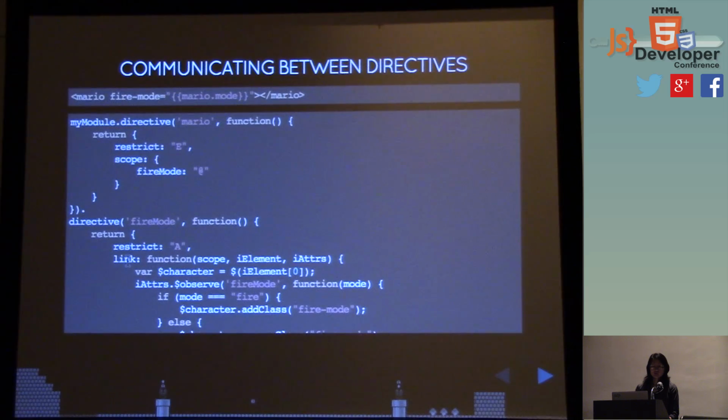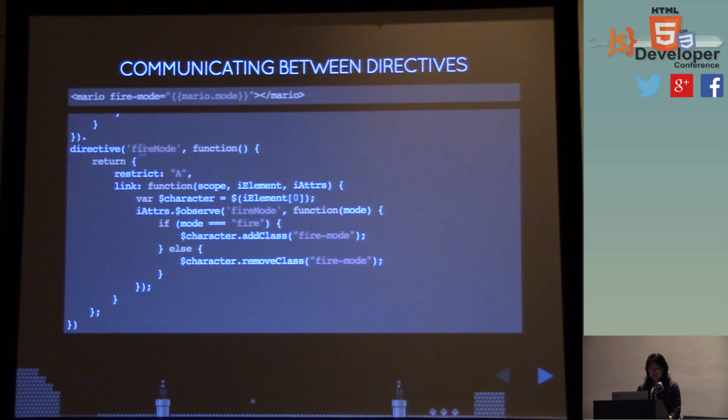We want to be able to turn fire mode on and off, but if you have two directives on the same element, only one of them can have an isolated scope. So here, Mario has an isolated scope. It has a property for fire mode.